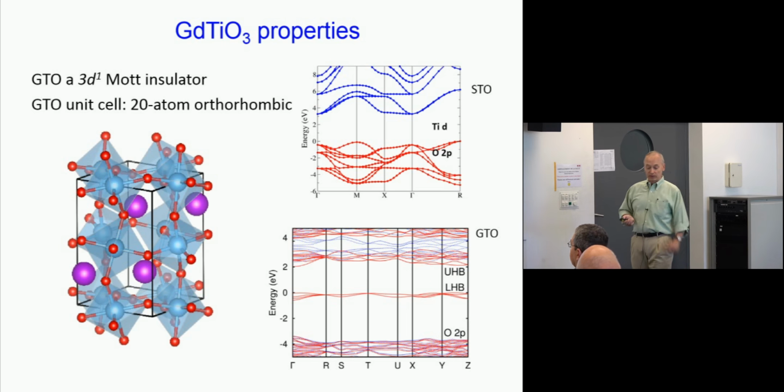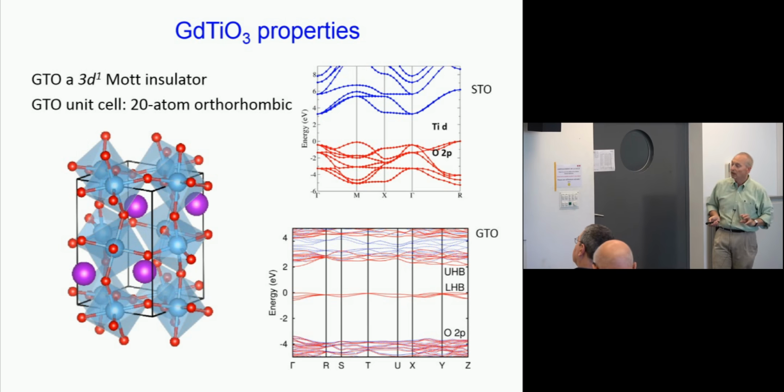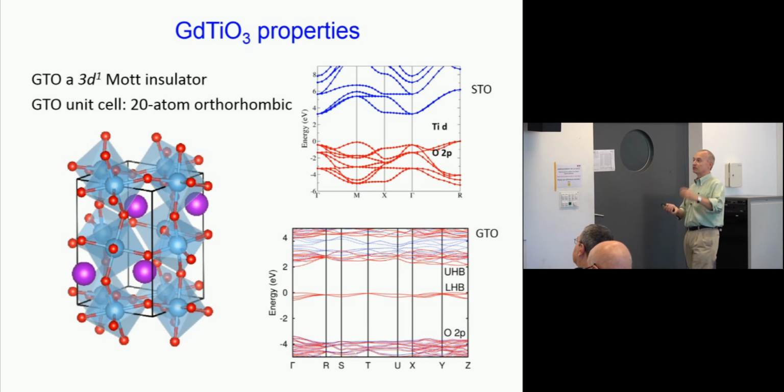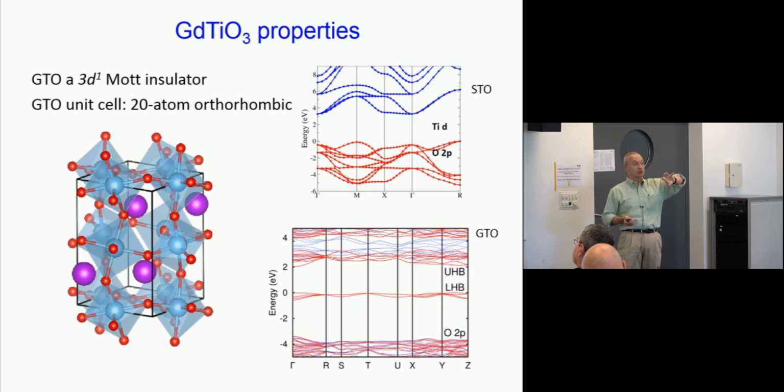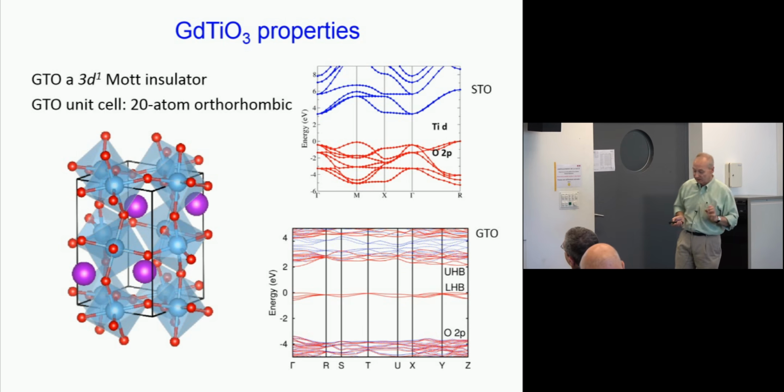I told you that this simple cubic structure is only a template for the perovskites. In many of these materials, you actually get distortions of these oxygen octahedra that lead to larger unit cells. So instead of a 5-atom unit cell in gadolinium titanate, you have a 20-atom orthorhombic unit cell.